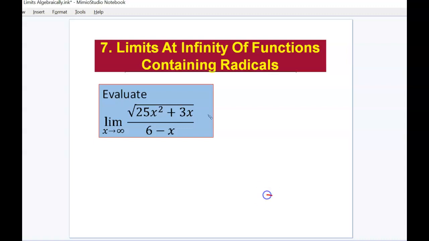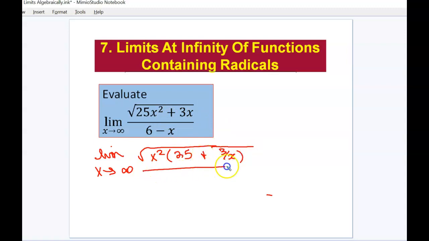Okay, and the first thing I'm going to do is factor out under the root sign the highest power. And the highest power I have is x squared. So if I factor x squared out of the top, I'll be left with 25 plus 3 over x. And I'm going to factor the largest power out of the bottom, which is an x.